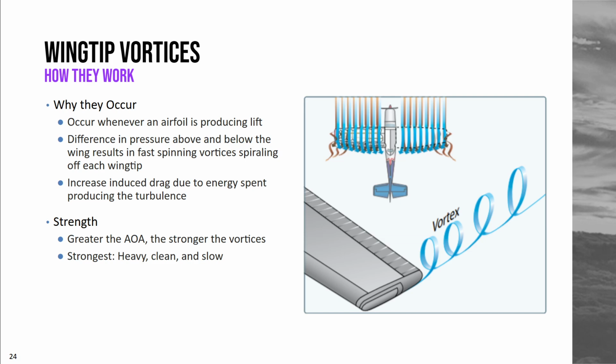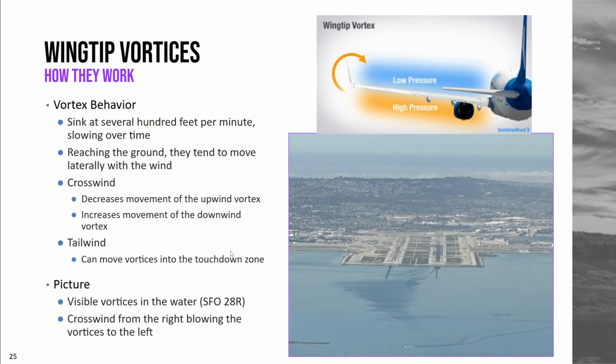And a clean aircraft, remember, flaps increase lift and drag. So if I'm flying at a specified angle of attack with flaps and one without flaps, the aircraft without flaps is having to fly at a higher angle of attack because it doesn't have the aid of those flaps. So a heavy, clean, and slow aircraft will have the most induced drag.